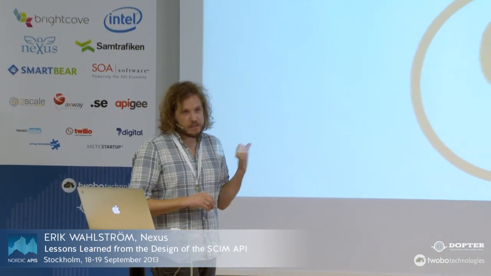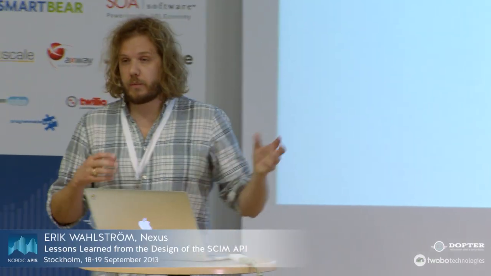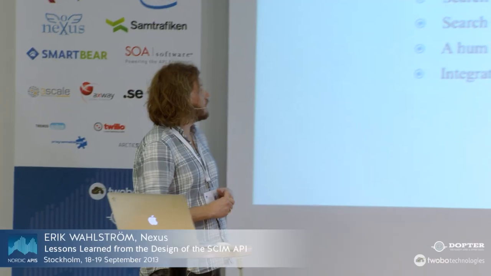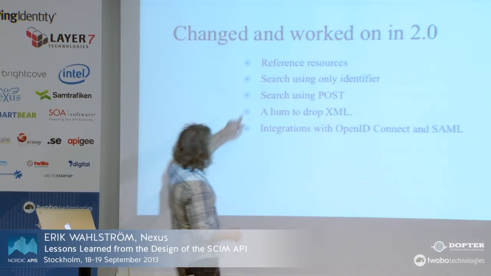So getting a release out early, like version 1.1, was pretty good. And then we moved everything into IETF, where we have a lot more eyes on it. So we've been working on version 2.0 for about 1.5 years.